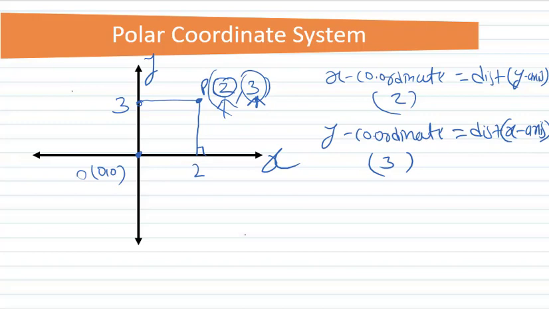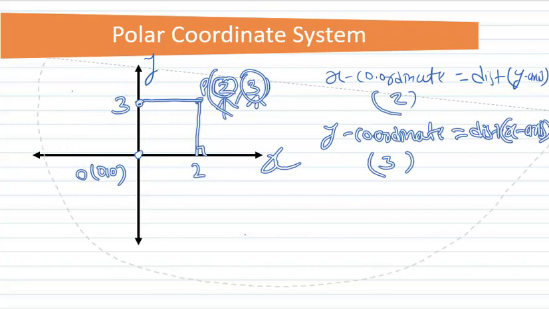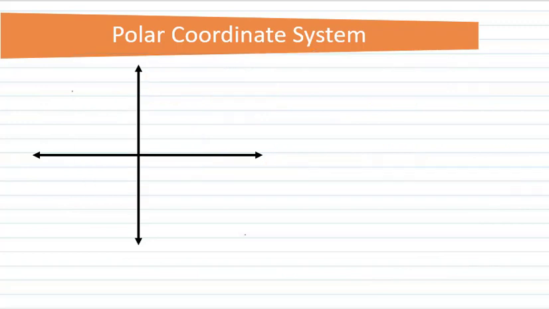y-axis. Right? Now we are going to learn what is polar coordinate system. So here in polar coordinate system, we have a fixed point. Let's suppose this is a fixed point P, right? And a horizontal line is passing through.